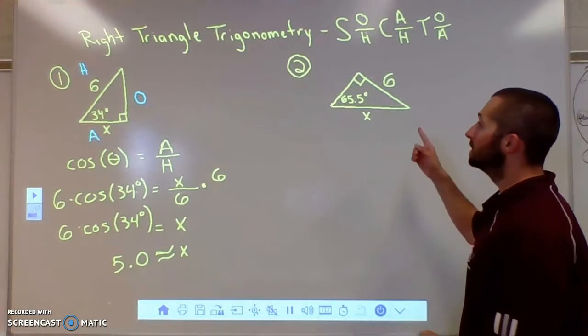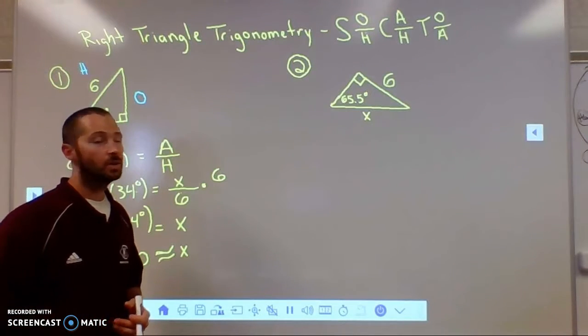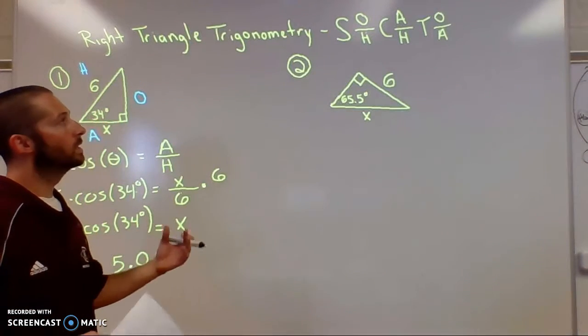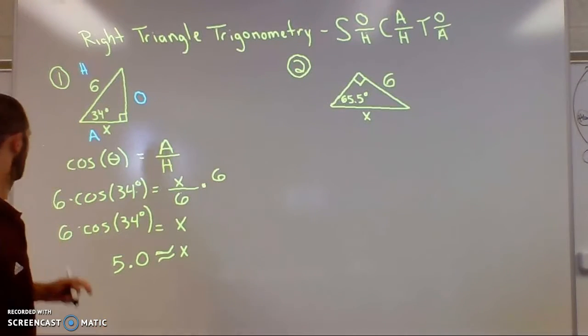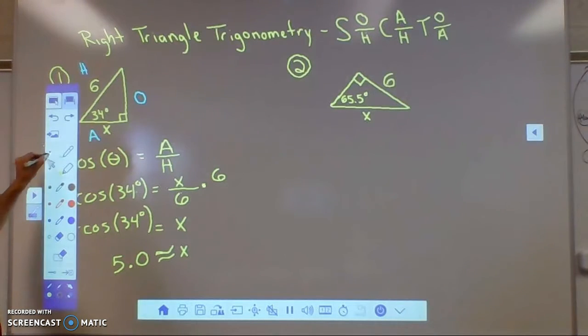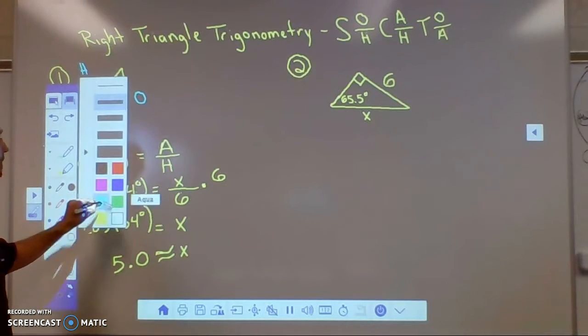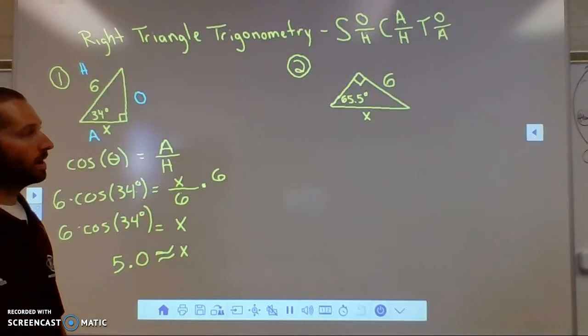Okay. Second example we have here. A little bit different orientation. It's going to require a little bit different math once we get to setting up our trig function. So looking here, just like we started the last problem, we're going to determine which side is the opposite, which side is the adjacent, and which side is the hypotenuse.